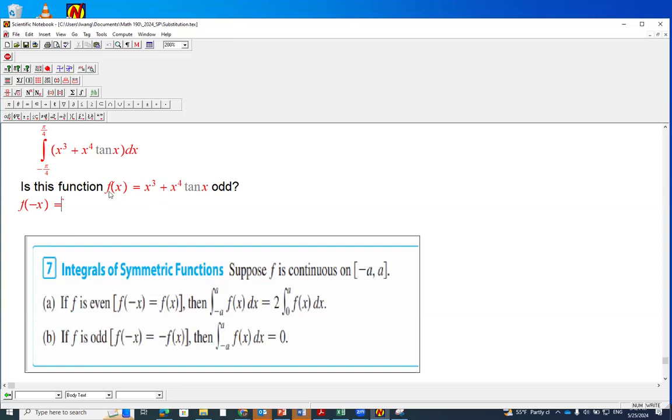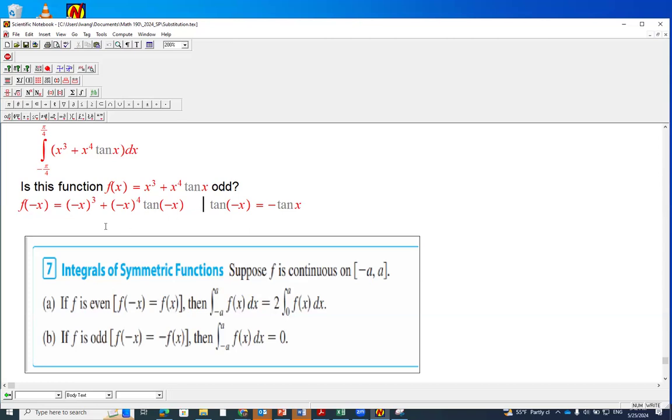If we replace f of x by f of negative x, all the x will be replaced by negative x. And tangent function is an odd function, meaning that tangent of negative x is negative tangent x.